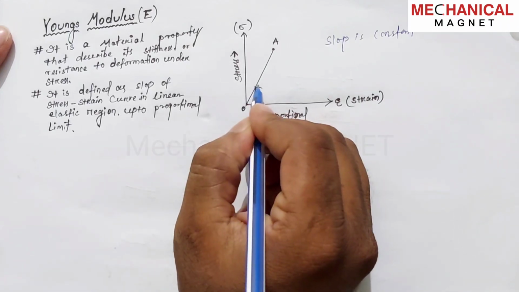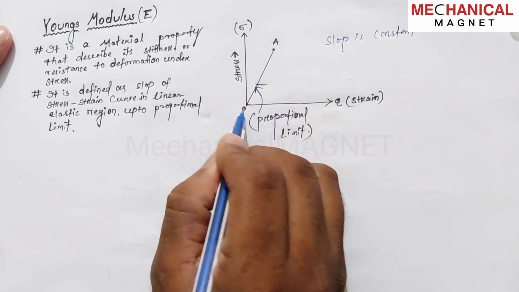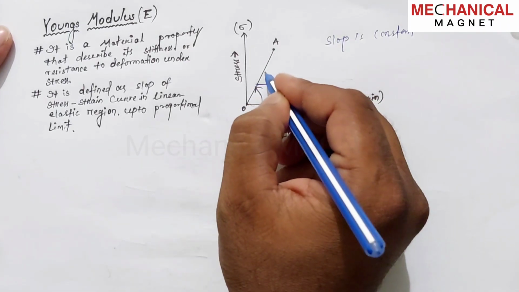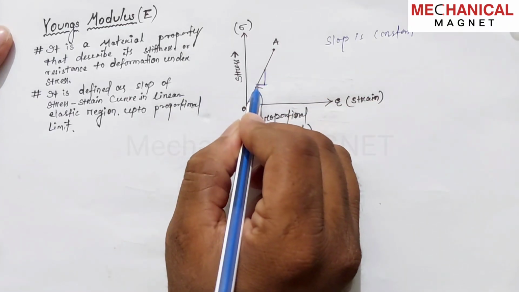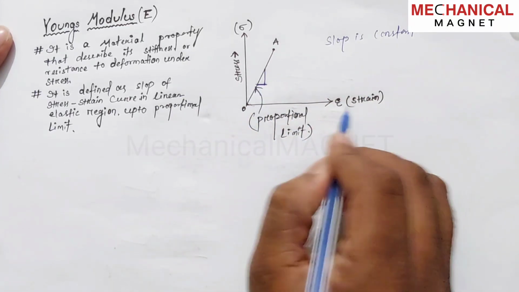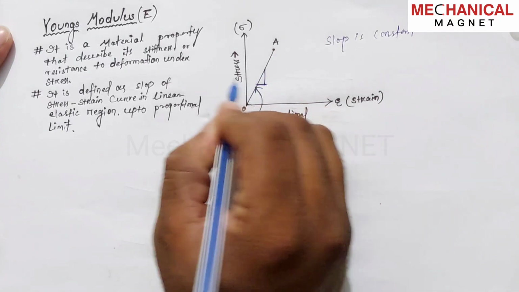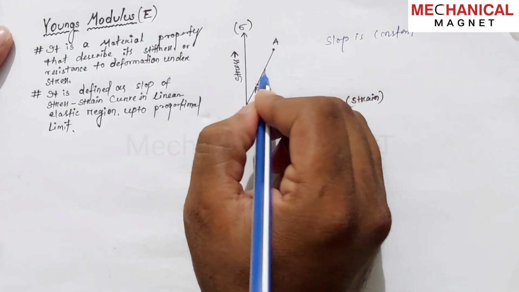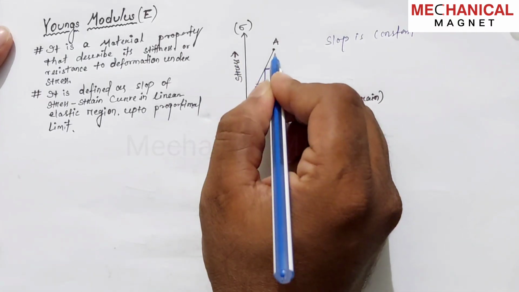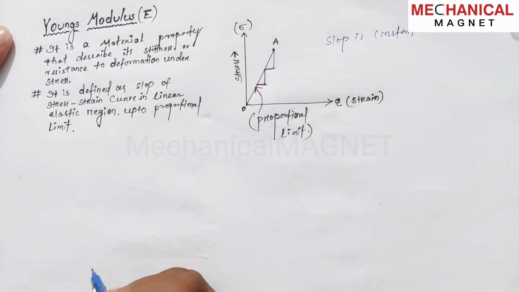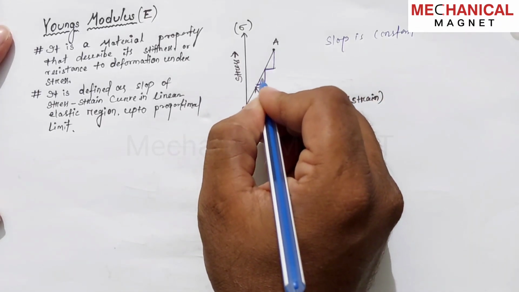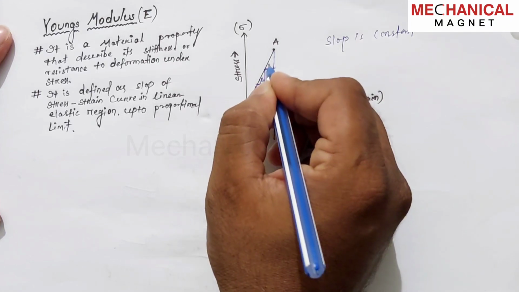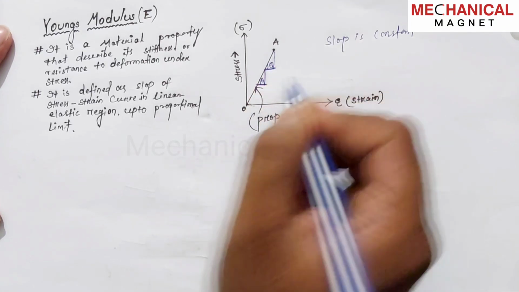This x-axis is the strain line and this is the stress line. Again this strain and this stress line. So what happens? This is an angle theta 1. This is the angle theta 2.